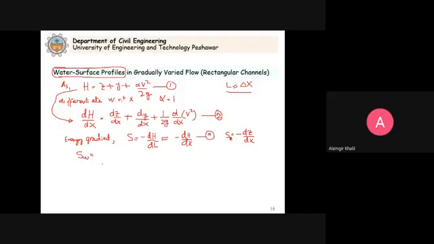So this SW will be equal to minus dz by dx minus dy by dx, because it is also decreasing in the direction of flow. Let's say this is equation number B, and this is equation number C.